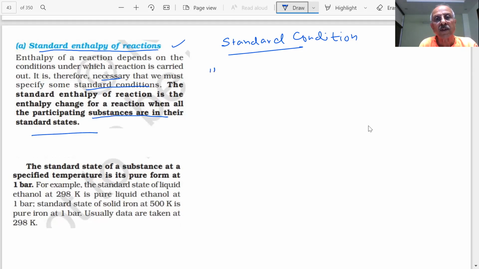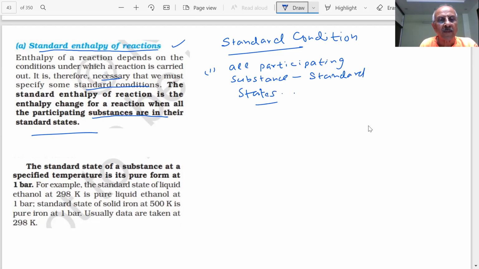Important point, that all the participating substances, what do you mean by participating? They are in their standard states. Now we will tell you what you mean by standard states.